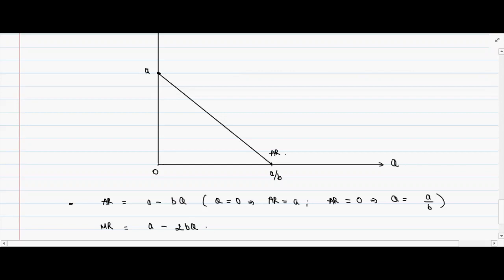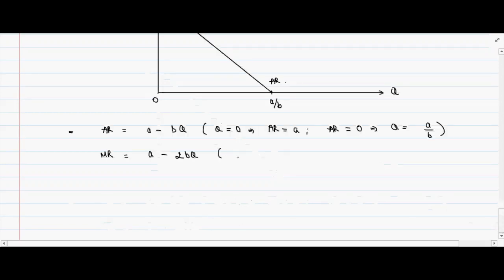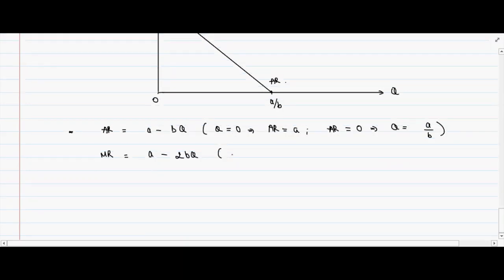Now marginal revenue is A minus 2BQ, and again, very straightforward. I want to find the horizontal and vertical intercepts. The vertical intercept is where Q equals 0, marginal revenue is equal to A. The horizontal intercept is where marginal revenue equals 0, then Q is going to be equal to A on 2B.